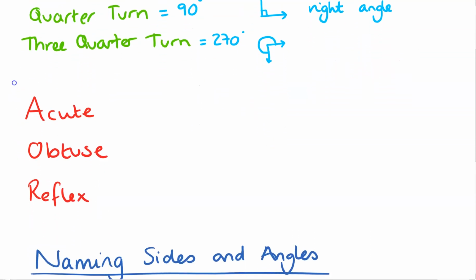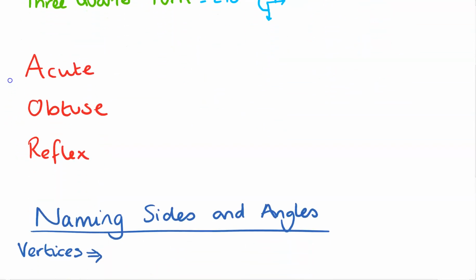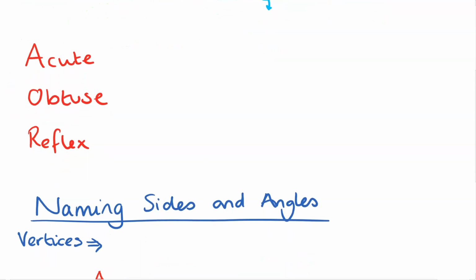Then within that you've got these other 3 types of angles. You have an acute angle, an obtuse angle and a reflex angle. There's loads of different ways you can remember it, but most of the time people get mixed up between acute and obtuse. So an acute angle, I remember it as this: oh, it's cute, it's little.